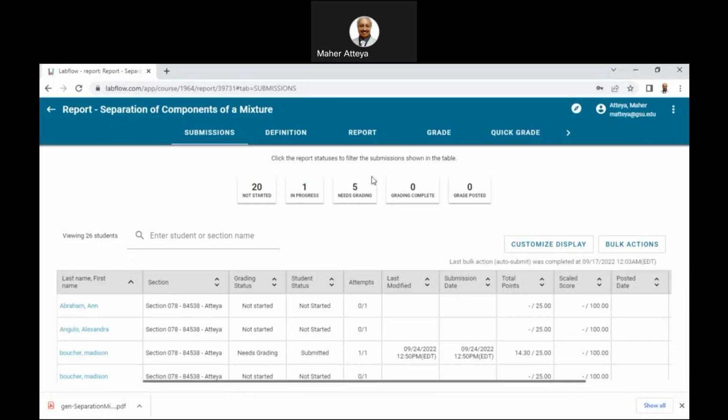Yeah, on the top, you have report here. So on the top of the page.